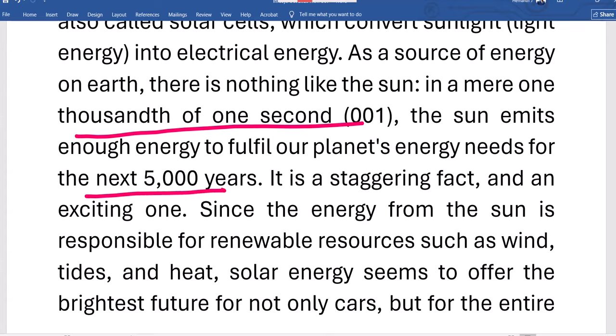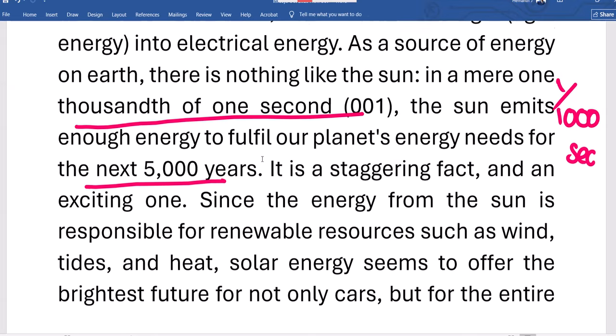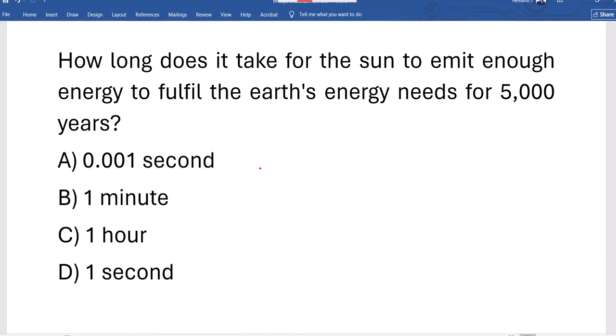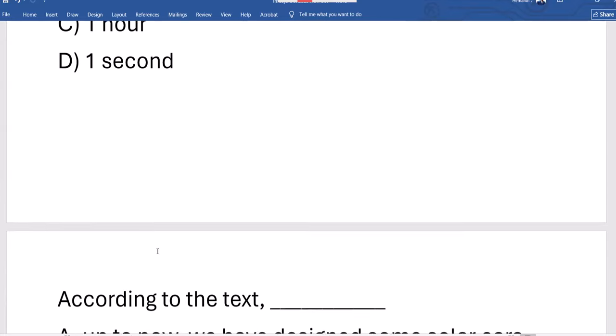As a source of energy, it is taking only 1/1000th of 1 second, 0.001 seconds. So it is sufficient for the next 5,000 years, so that can be taken into consideration. Yes, option A.